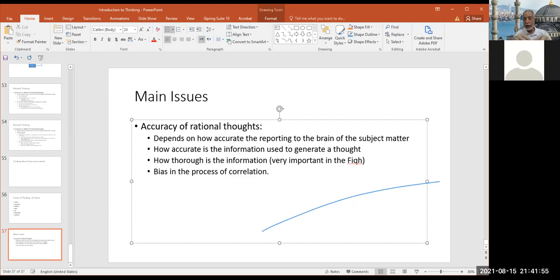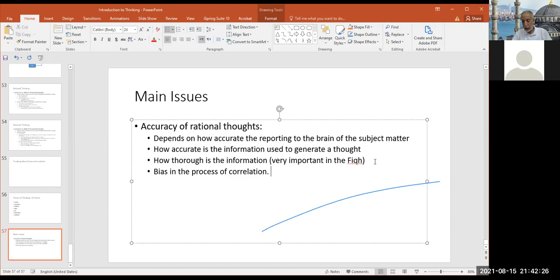The brain, when the brain starts correlating the information, if you have bias, and we talked about that yesterday about the previous opinion, if the previous opinion you already have, or there are previous opinions, not necessarily on the subject, let's say a previous opinion that I will not accept a ruler for the Khilafah outside the Arabs.